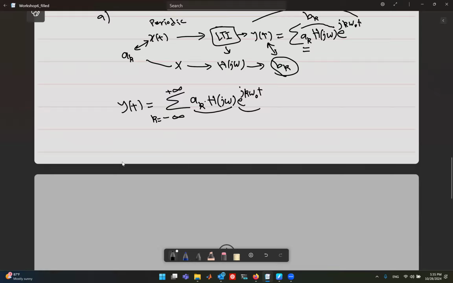Now, in this question, this is given. We just need to find this, right? So you need to know this, and you need to know how to find the coefficients for a given signal.